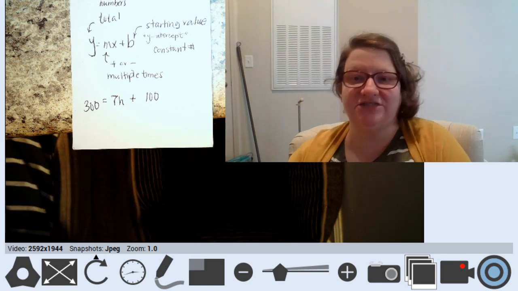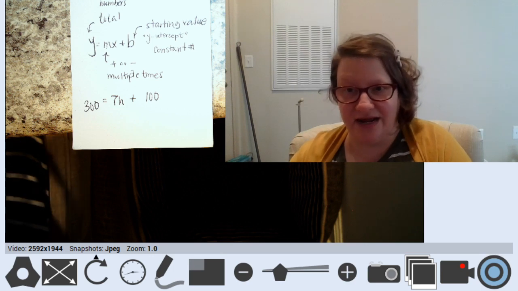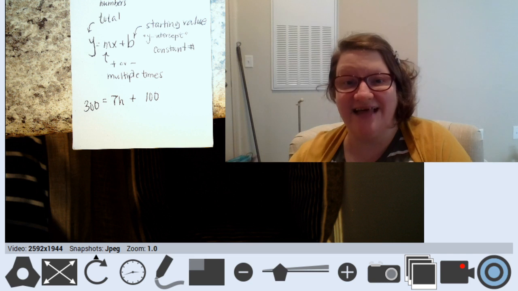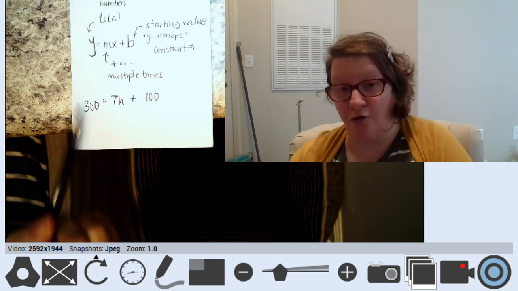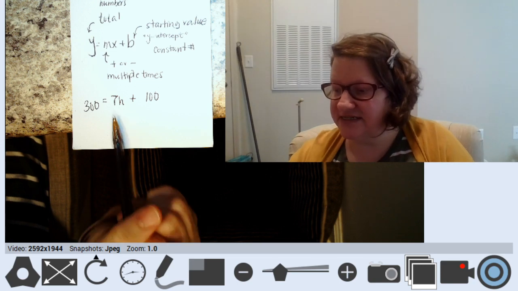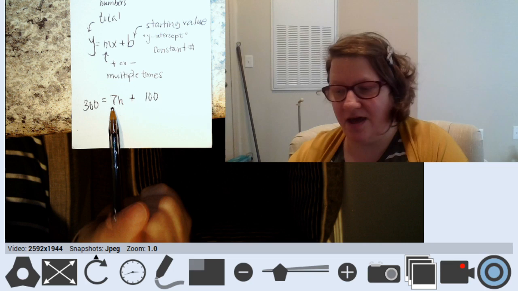That's part of what that starting value means, is that even if we never start earning money at Wendy's, certainly before we start earning money at Wendy's, we would still have $100. We wouldn't be at our 300 amount. So sad. But this is the amount that we're going to add each hour we work.